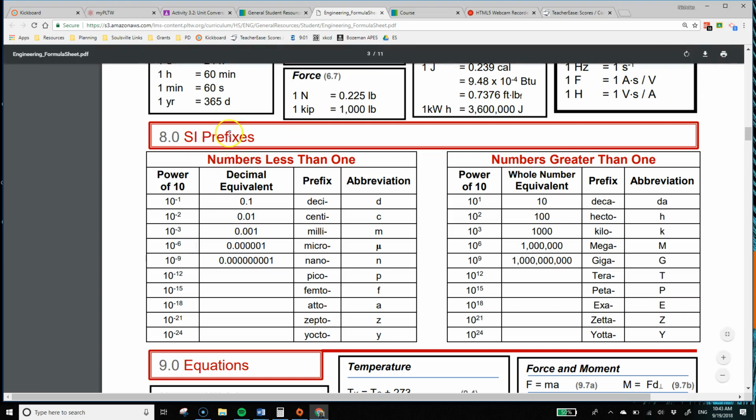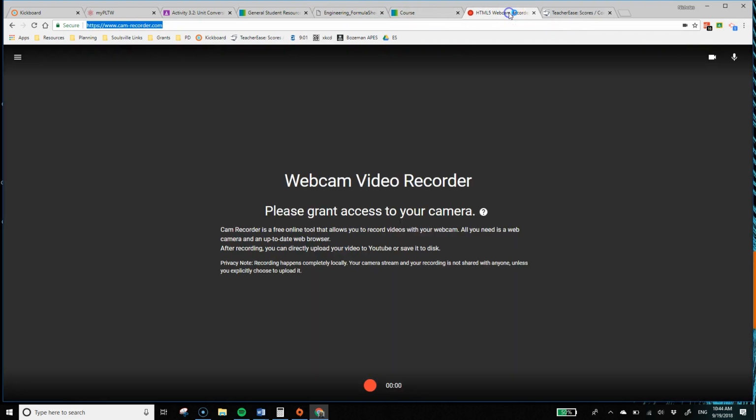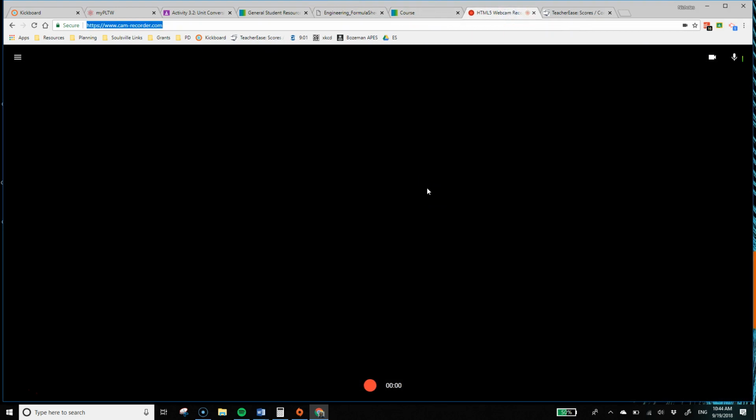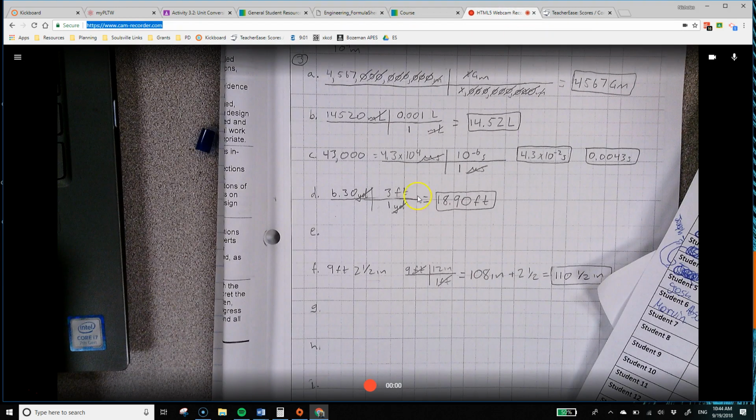And so generally speaking, coming back to our conversion, I will always put a 1 next to the one with a prefix, and the conversion next to the one that has no prefix.